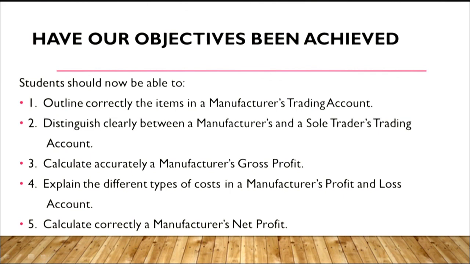Remember now, we're going to link objective 1 to 2. The items in the manufacturing account are similar to that of those in a sole trader's trading account. It therefore means you start with your sales figure. If there's any returns inwards, you less your returns inwards and you get your net sales.